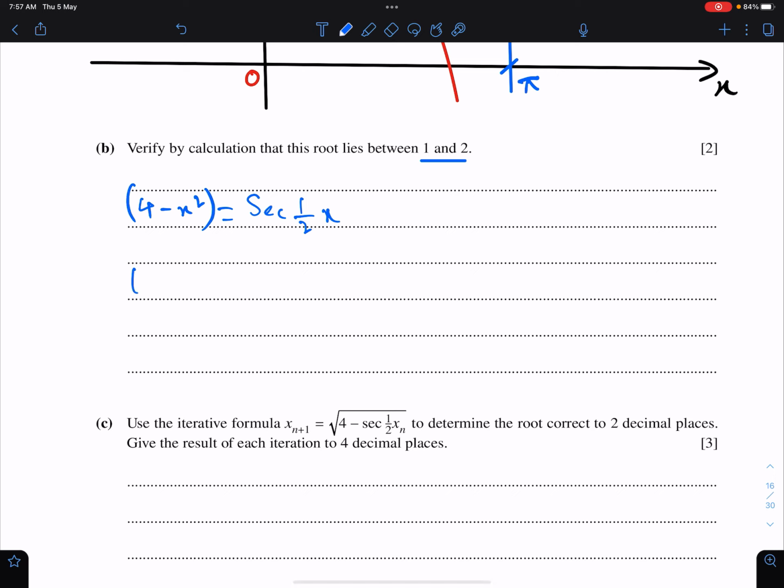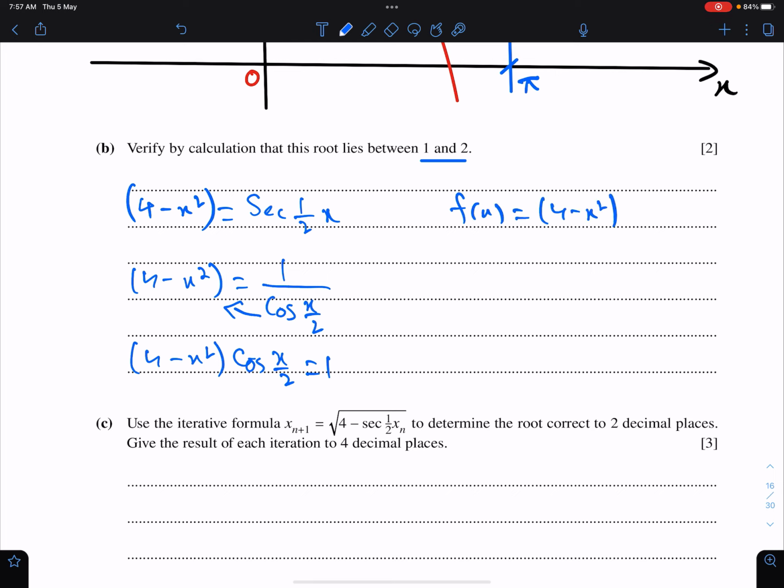We can write this as 4 minus x square, 1 upon cos half x. And when we will bring this here, we'll get 4 minus x square cos half x is equal to 1. So finally we have this equation.